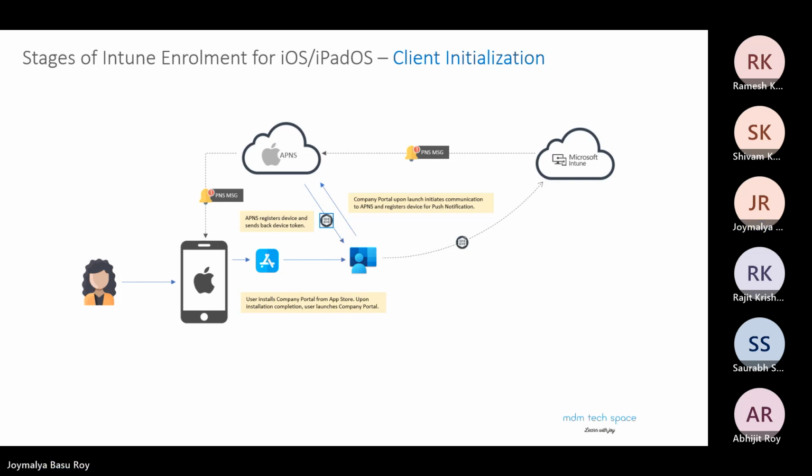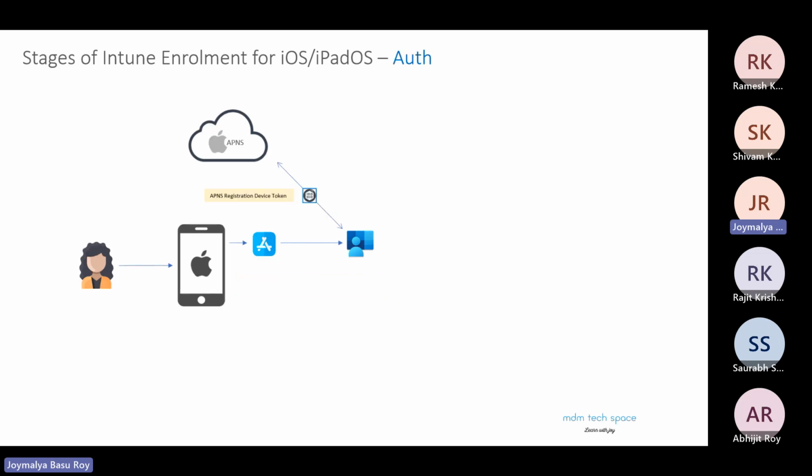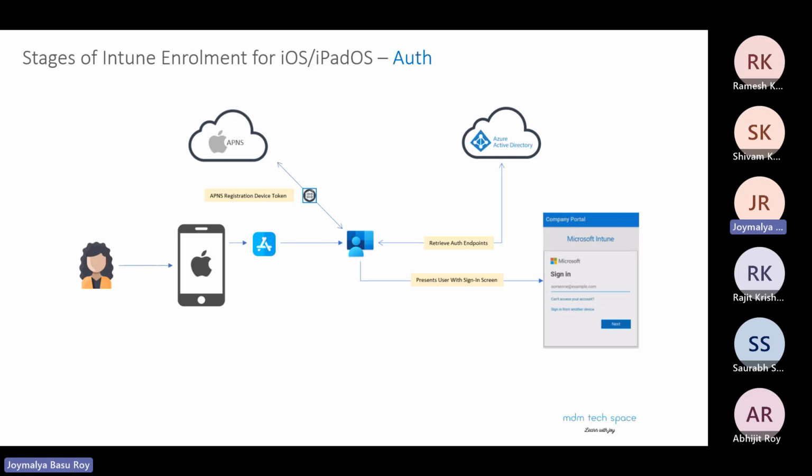Nothing more. And once this is done is when you get the sign-in page on the Company Portal app, and that starts the authentication and authorization flow. So with the APNS registration token now with the Company Portal app, it will reach out to Azure Active Directory to retrieve the authentication endpoints for the tenant, and it gives you the sign-in screen.